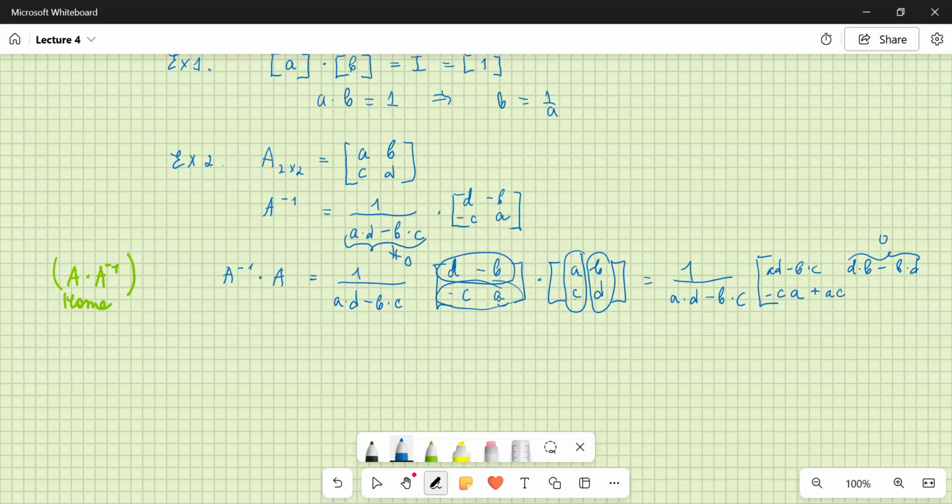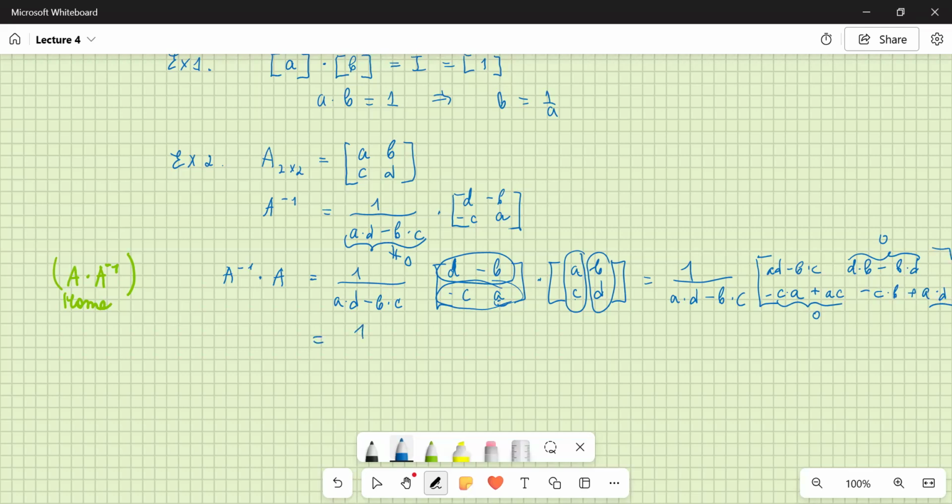Minus CA plus AC is also 0. And the last element is minus C by B plus A by D, AD. Sorry, I'm writing at the very edge of my screen.